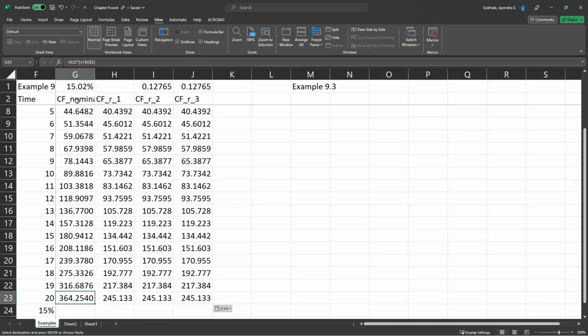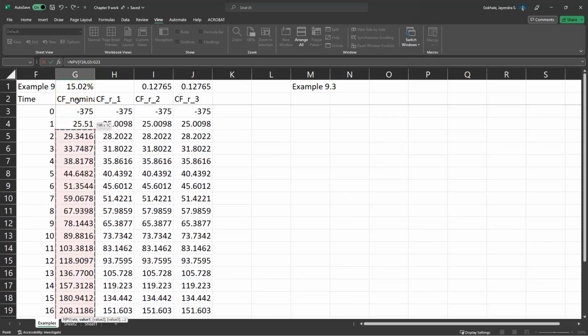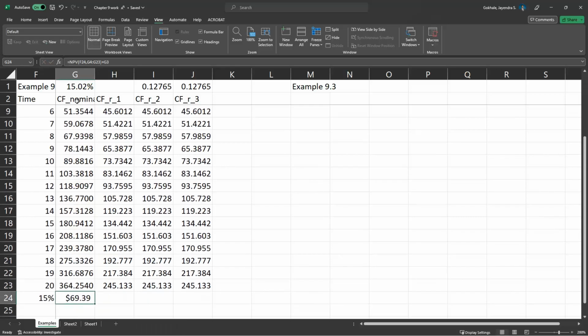So the principle is discount the nominal cash flows using the nominal rate. So equals NPV, the nominal rate, comma, nominal cash flows plus the initial cash flow, which is G3. Enter. That is our net present value. Real cash flows will be discounted using the real rate.